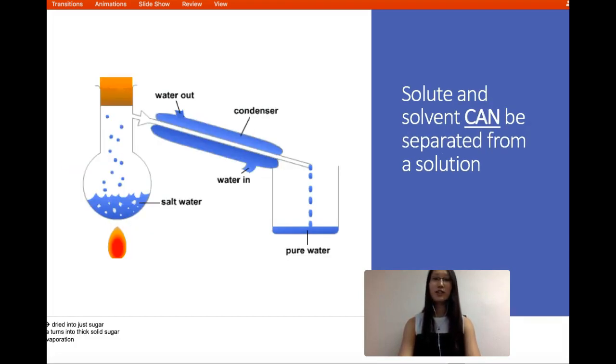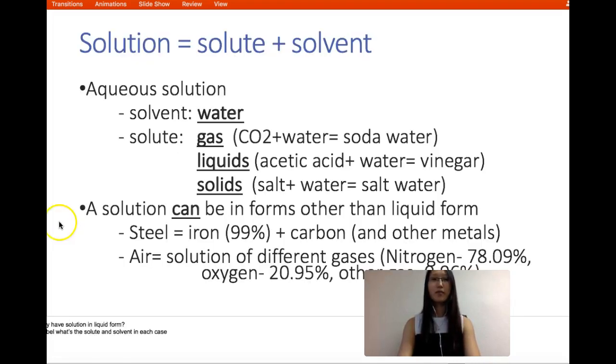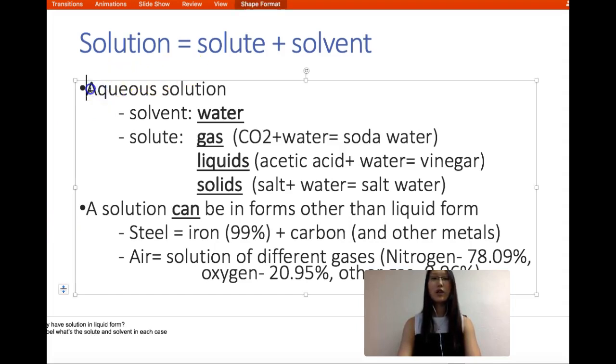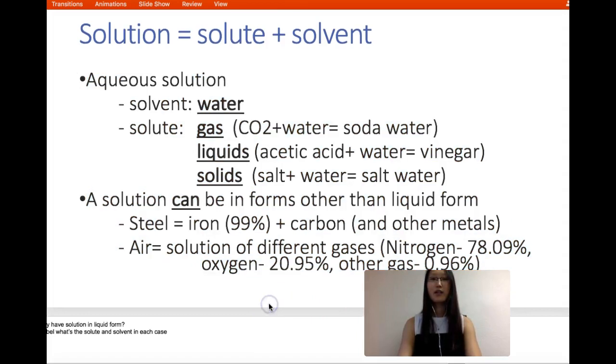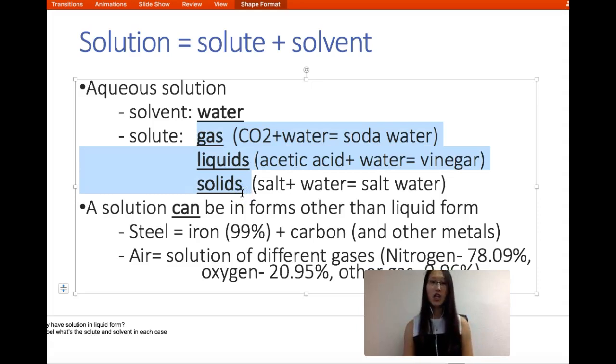Here is if you were to separate a solute and solvent, one way you could do that is through distillation. Here's salt being separated from seawater. And what you also need to know is that a solution doesn't have to be a liquid. The solute could be a gas, it could be a liquid, it could be a solid.